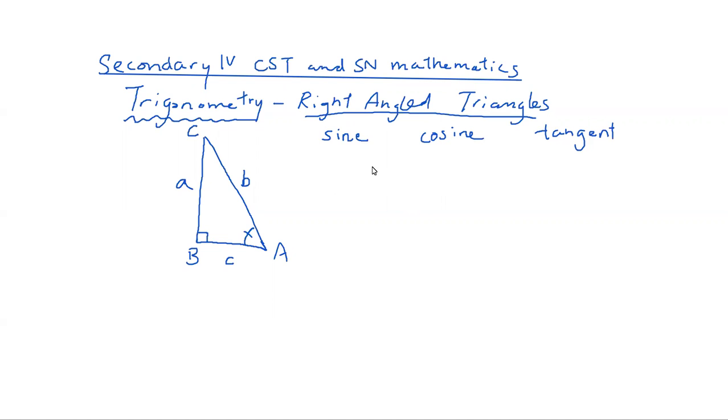Now, if I had to write out sine, cosine, and tangent every time, it would take too long, so I would prefer to simplify it, and we drop certain letters. So typically you'll see sine written as sin, cosine written as cos, and tangent written as tan.